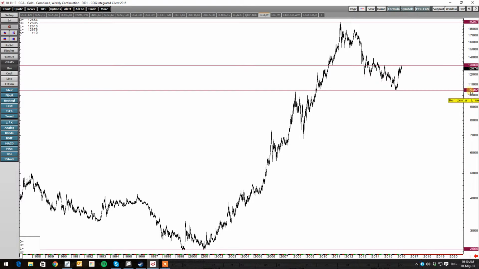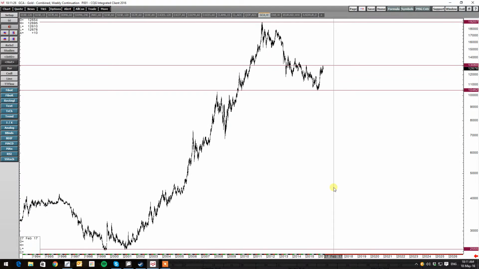So it rallied from $1,046 to $1,306. That's about $260, representing about 25%. Now, what do I think will happen in the short term, medium term, and long term?